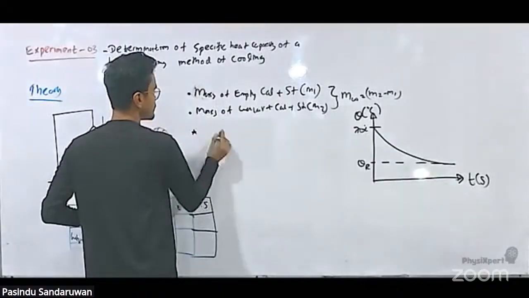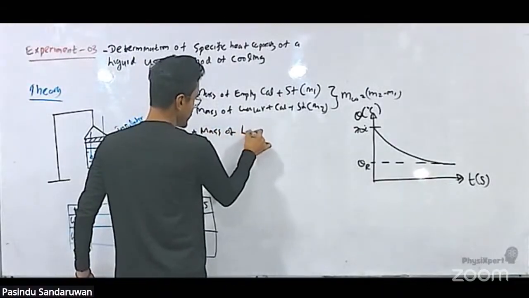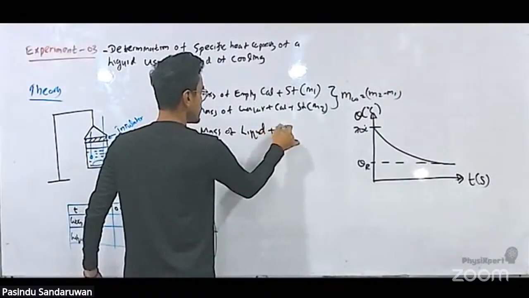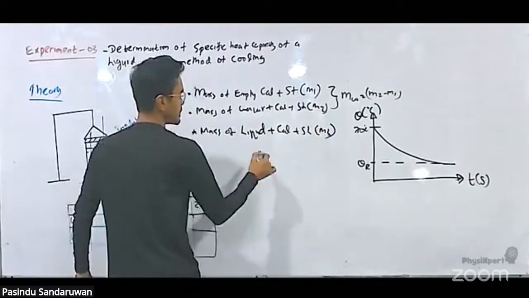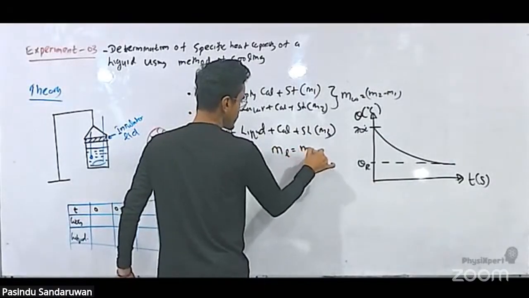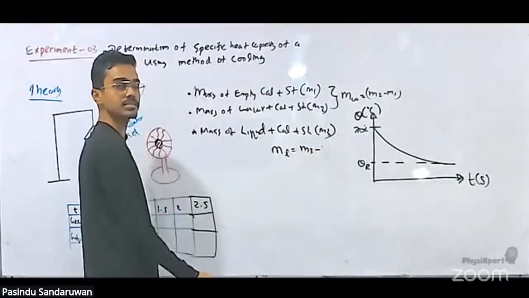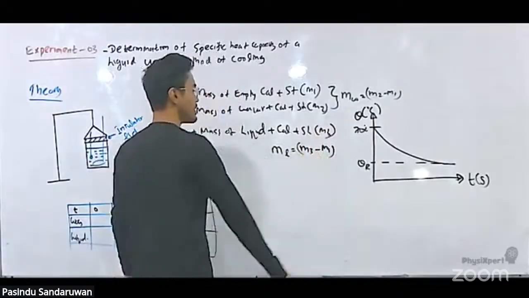Then mass of liquid plus calorimeter plus stirrer, let's say M3. Then mass of liquid is given by M3 minus M1.